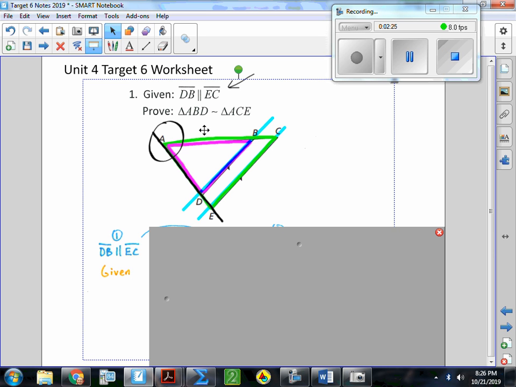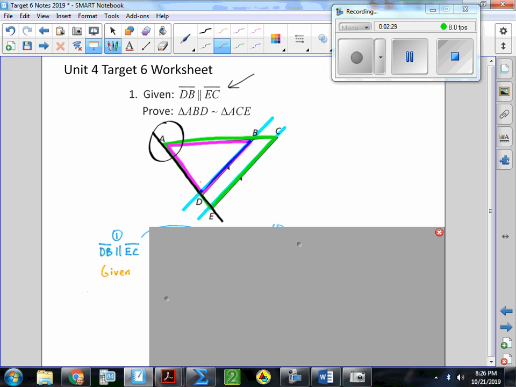There we go. Okay, so with that, I'm going to look at angle ADB, and angle E, which I can just call angle E. There's only one angle E, or AEC.